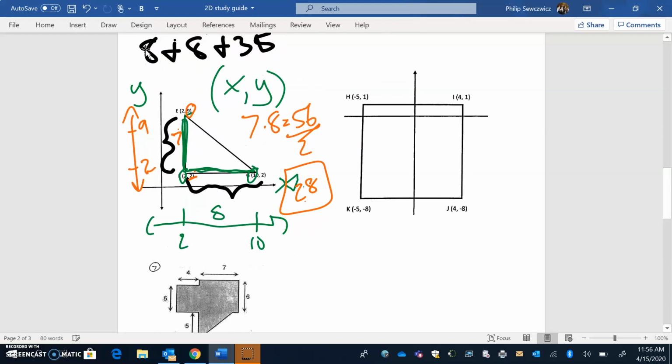All right. Next one over here, same idea. It's a rectangle. Maybe it's a square. I don't know. Let's see here. So if I want to figure out how tall it is, figure out how wide it is. So let's do the tall, the height. The height goes up and down just like the y-axis. So I need to use the second coordinate. So I can see I'm using the 1 and I'm using the -8.